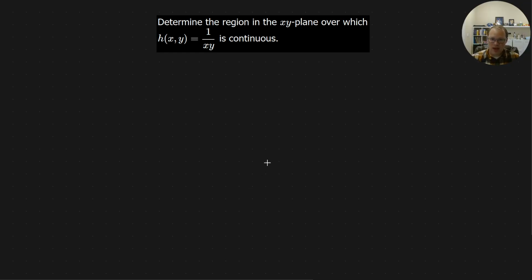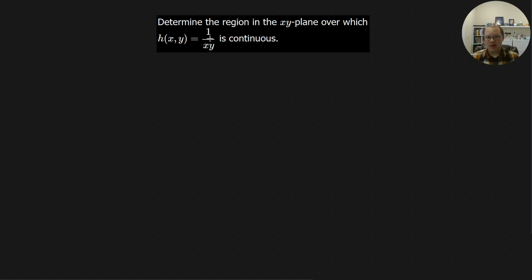The only one of those that we have to worry about here is getting a 0 in the denominator. So we need to make sure that the x and y values we're interested in aren't going to give us a 0 in the denominator. And as long as we do that, we'll be continuous everywhere else.